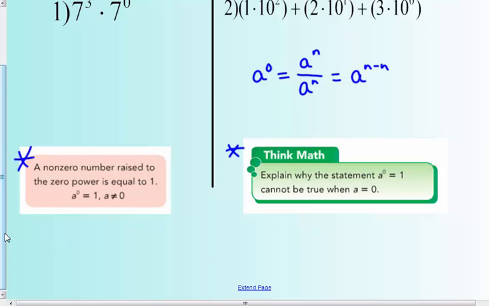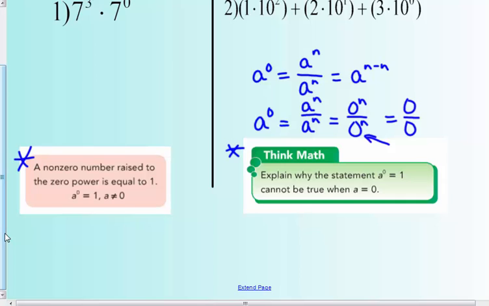Then 0 to the 0 power would have to equal a to the nth over a to the nth, just like we did here. But if it's 0, I would have 0 to the nth over 0 to the nth. Can we have 0 in the denominator? Can we do 0 divided by 0? Division by 0 is undefined.